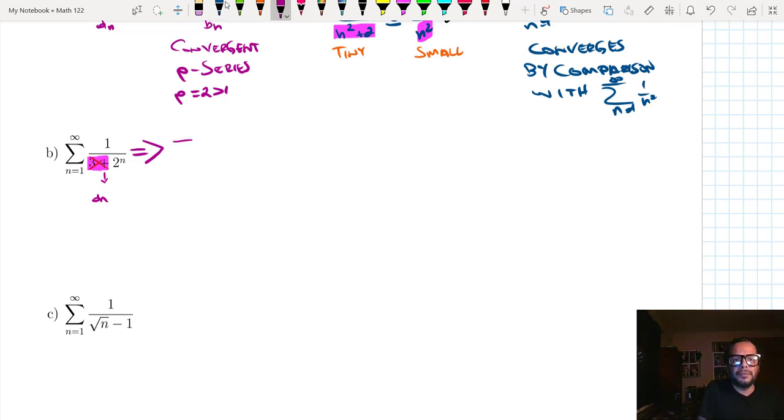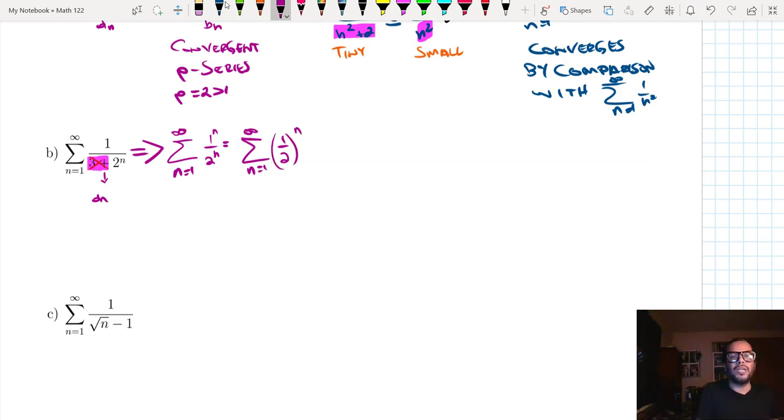Okay, so sigma n equals 1 to infinity, 1 over 2 to the n. Well, how is this a geometric series? Well, 1 is the same as 1 to the n, if you will. Which at the same time we can rewrite as 1/2 quantity to the n power.